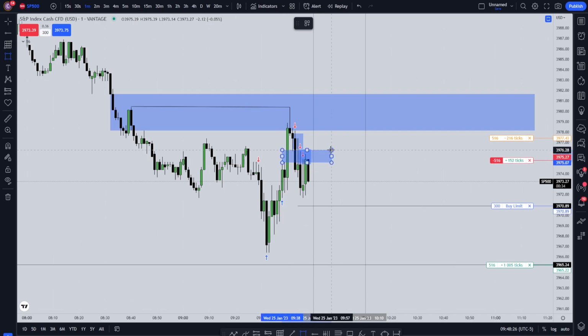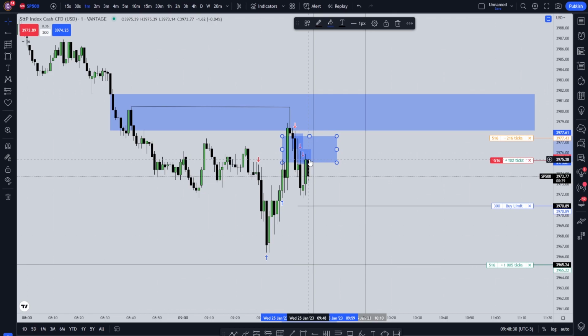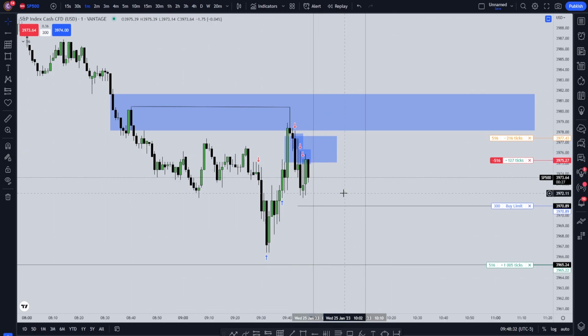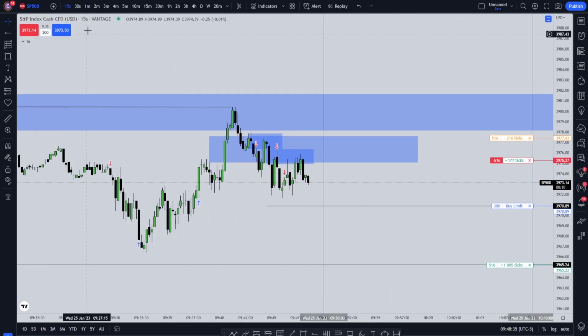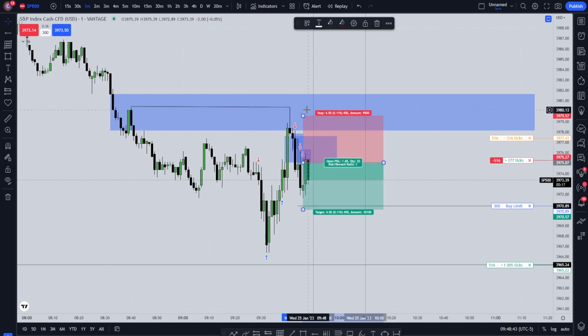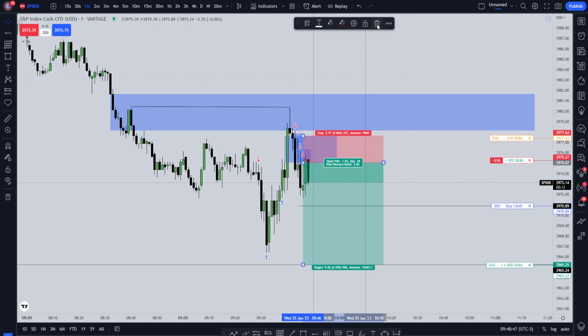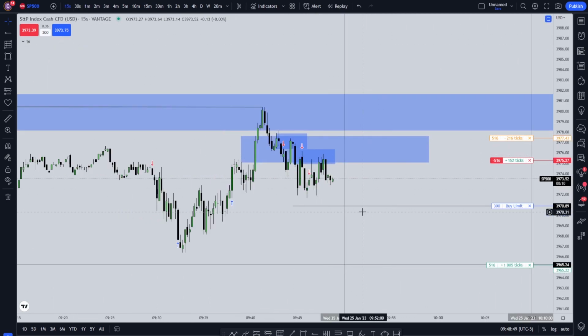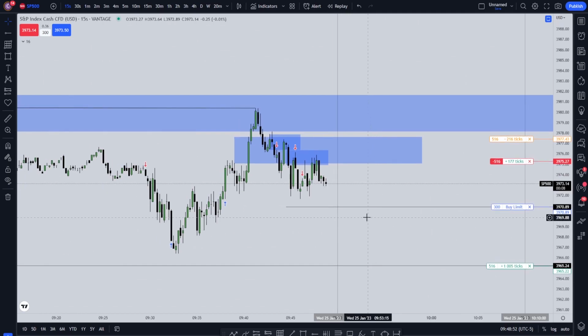Also, we do have this balanced price range over here on the 1 minute. So price traded lower, came up into that balanced price range. So that could also be used as the model. So you could have entered after price traded down, closed below, and this could have been your trade. But yeah, just gonna remove all these shades over here.